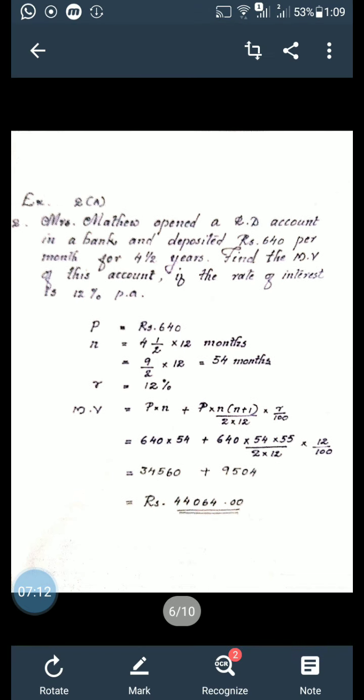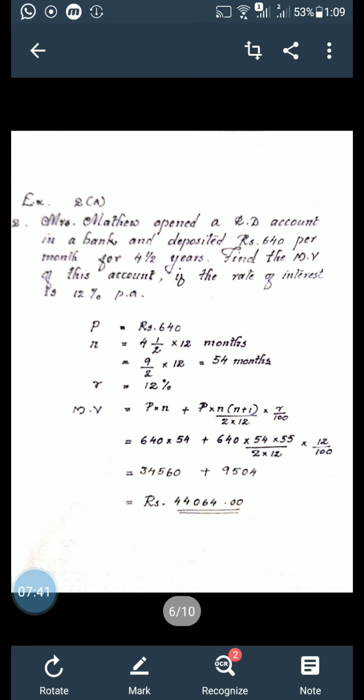Then, write the formula. Here, directly we can write maturity value is equal to P into N plus P into N into N plus 1 by 2 into 12 into R by 100. And you can write the given things. Instead of P, you can write 640.